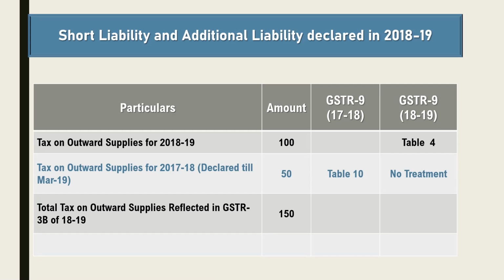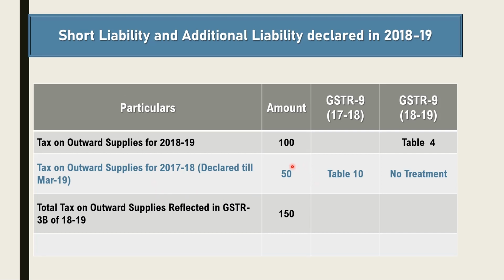This is the first example. In the first example, we have taken a liability of 17-18 that was not reported in GSTR 3B of 17-18 but was reported in GSTR 3B of 18-19. So how would the figures be reflected?